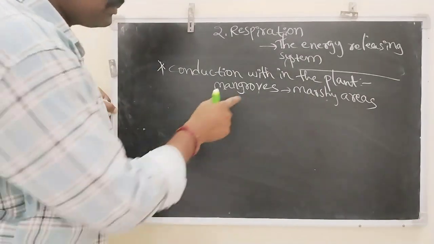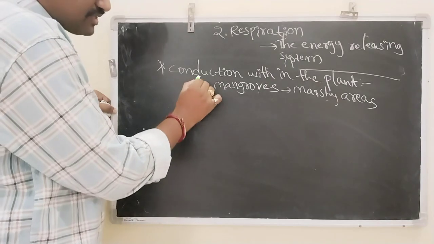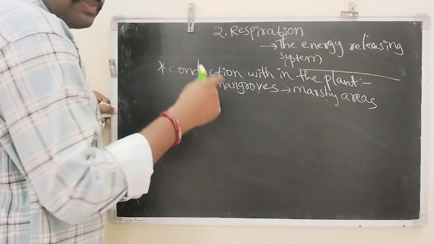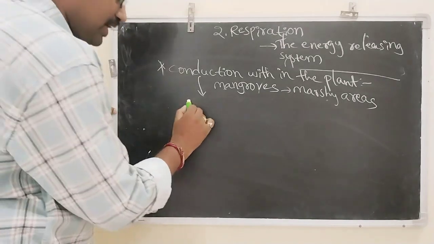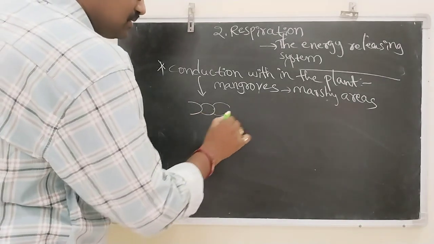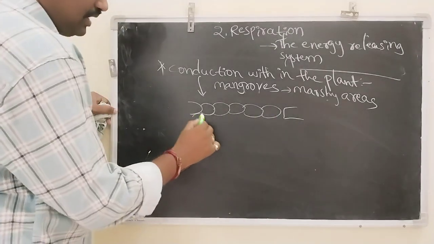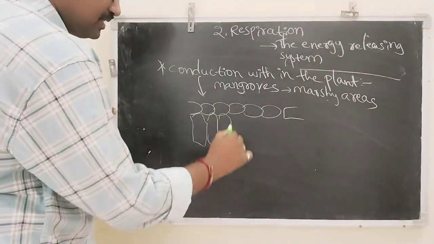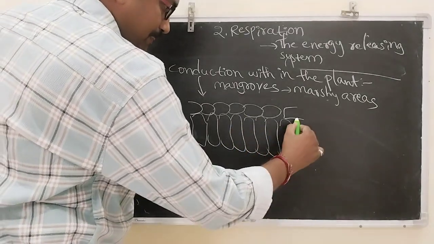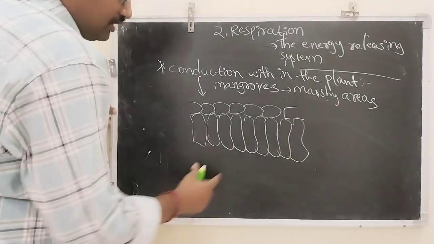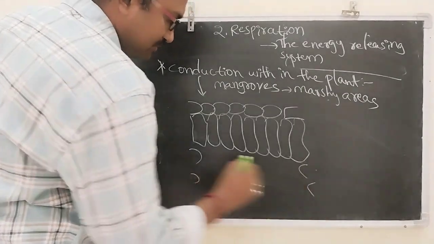Okay, before discussing this mangroves topic, first we will discuss how the exchanging of gas occurs in plants. For this we have to recall the upper epidermis, the TS of leaf, and palisade parenchyma, and we know already here is a vascular bundle, and this is the spongy parenchyma.